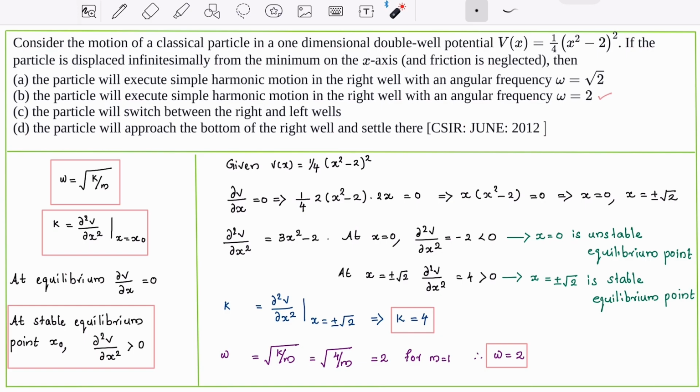Now take m = 1, then ω becomes 2. So we can say that the particle will execute simple harmonic motion in the right well with an angular frequency ω = 2. Therefore, option B is the right option.